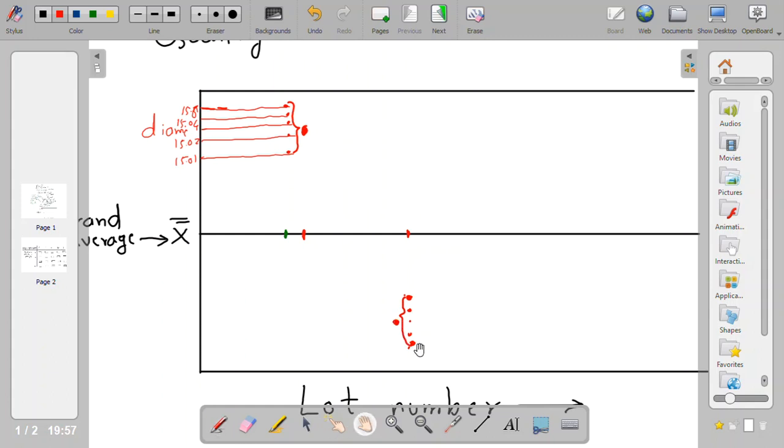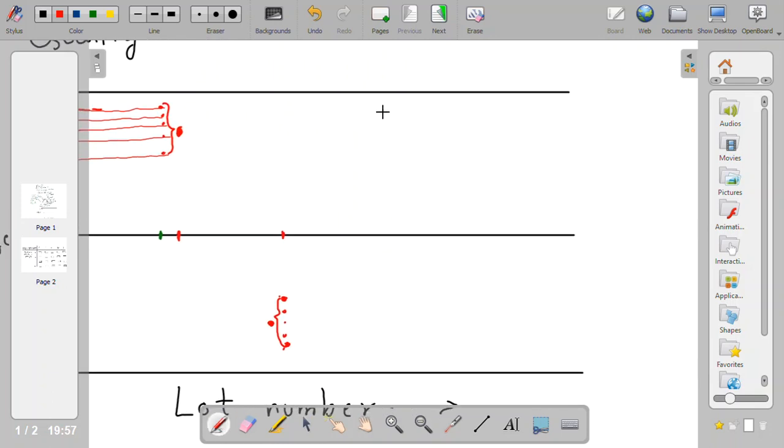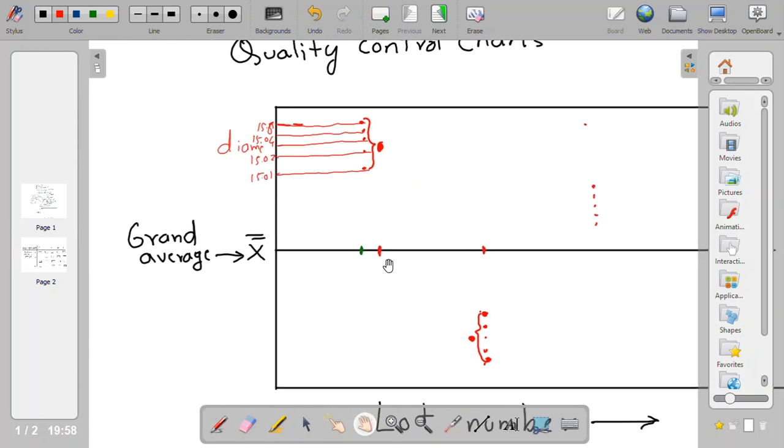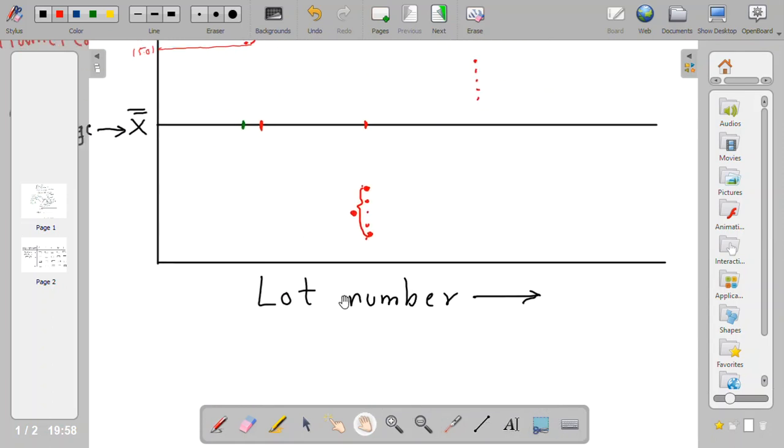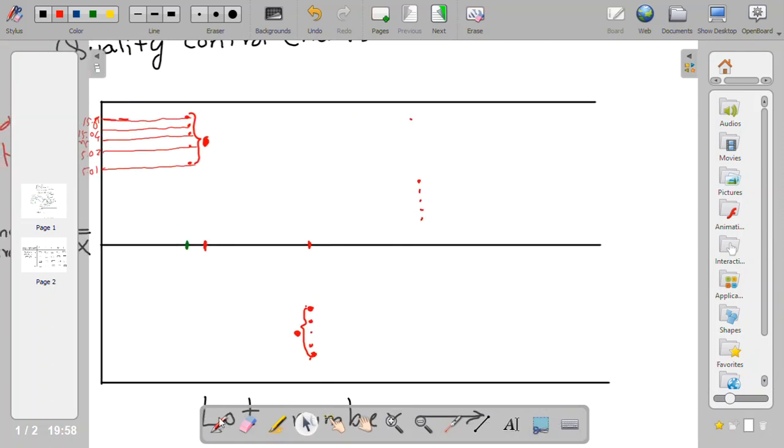I am plotting the diameter against your lot number. Again he will select samples from a different lot and get an average value.